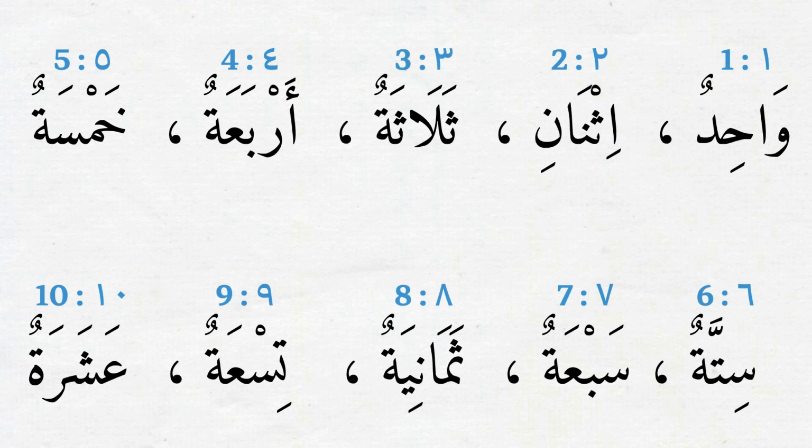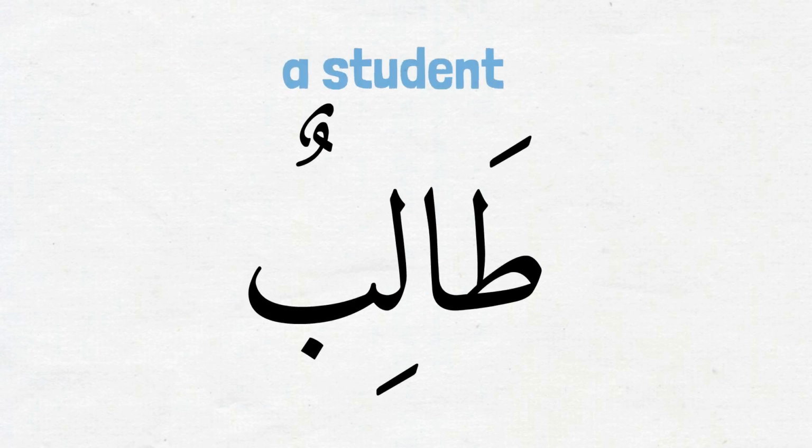Let's repeat them one more time. واحد اثنان ثلاثة أربعة خمسة ستة سبعة ثمانية تسعة عشرة. Let's now take the ism طالب, a student.